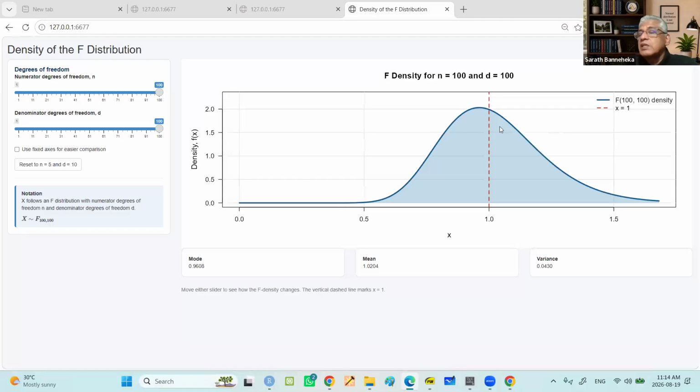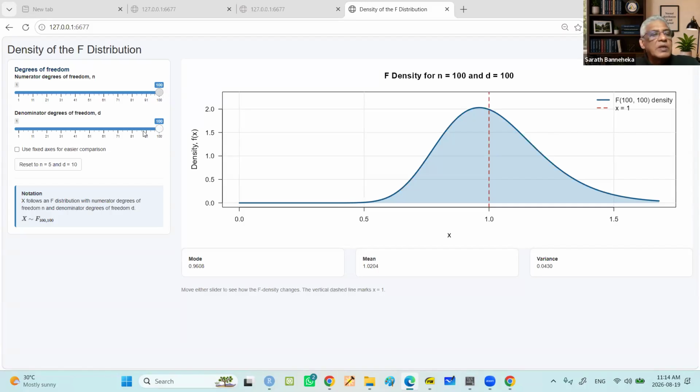At those values, the density should be approximately zero for a normal distribution. But in this case, it's not like that. But the shape becomes more and more normal looking as both degrees of freedom are increased.